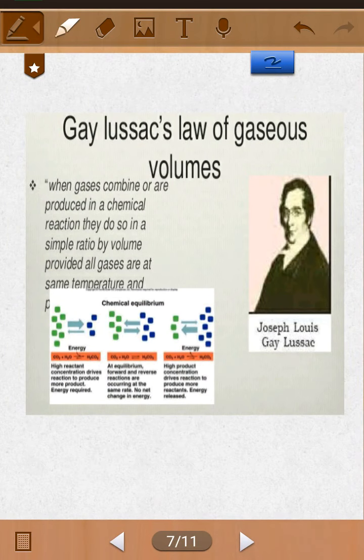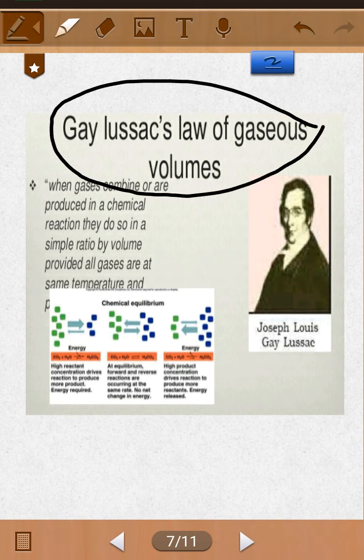The fourth law is Gay-Lussac's law of gaseous volume. This law was discovered by Joseph Louis Gay-Lussac.